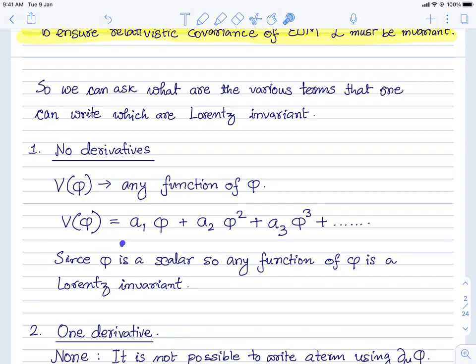This is a very general form, and it can be an arbitrary function. That is one possibility allowed by Lorentz invariance. Why is this allowed? Because phi is a scalar under Lorentz transformation, so any function of phi that you write down must also be a scalar under Lorentz transformation. So we can definitely incorporate terms like this in our Lagrangian density.